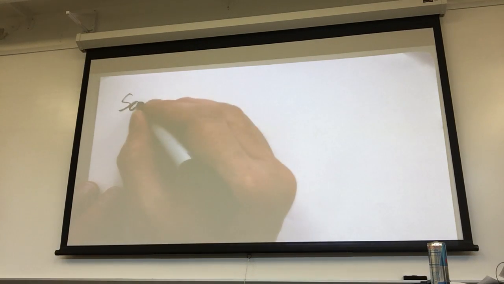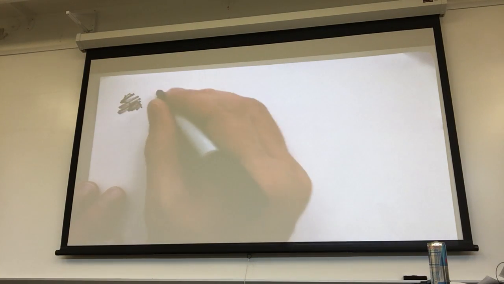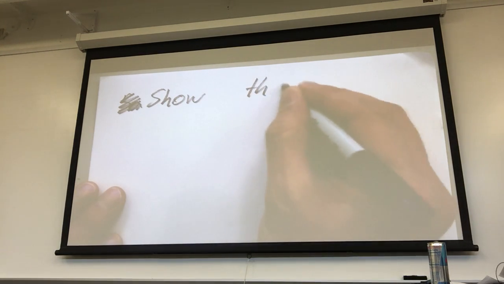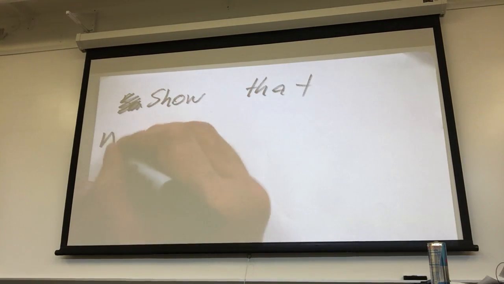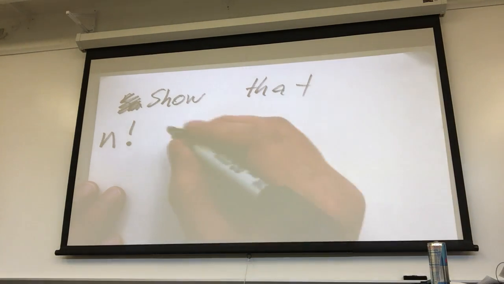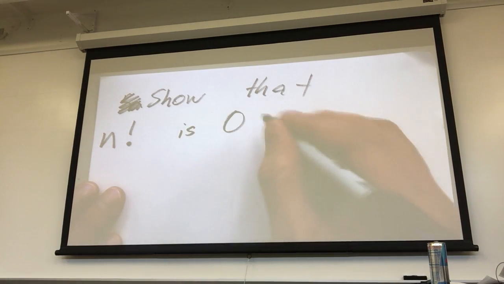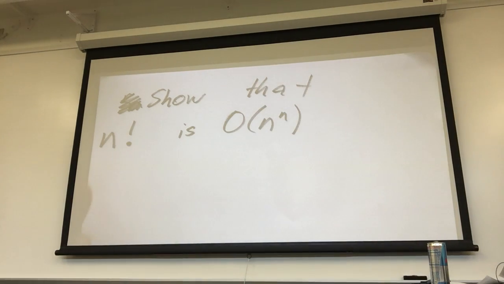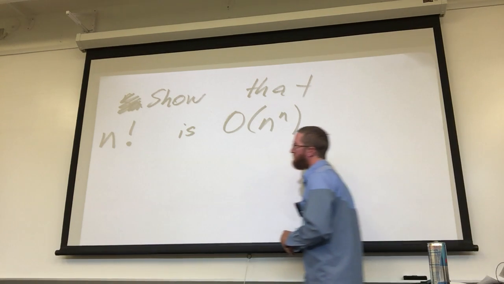And so instead of talking about some type of finite sum, how are we going to show that n factorial is big O of n to the nth power?